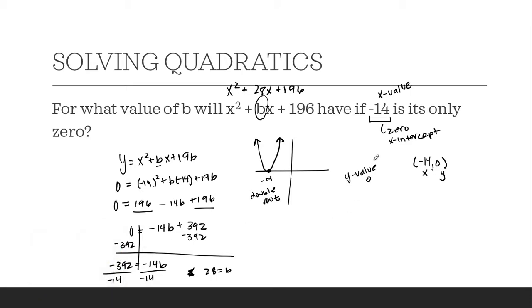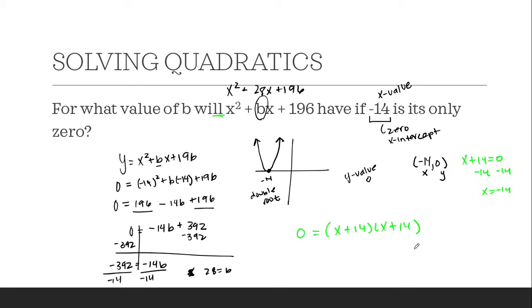Or if I know that negative 14 is its only 0, and the a value here is 1, and this is a double root, that both the factors must be x plus 14, x plus 14. How do I know that those are my two factors? Well, if negative 14 is its only 0, right? If I set this factor equal to 0, that would give me negative 14.